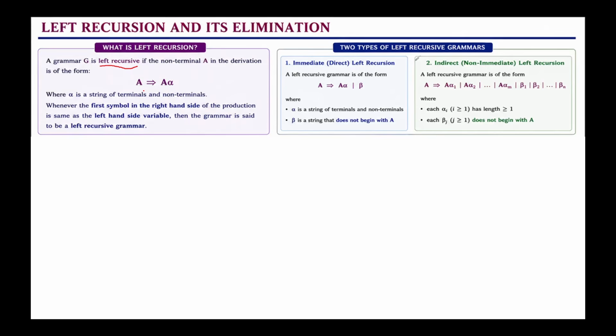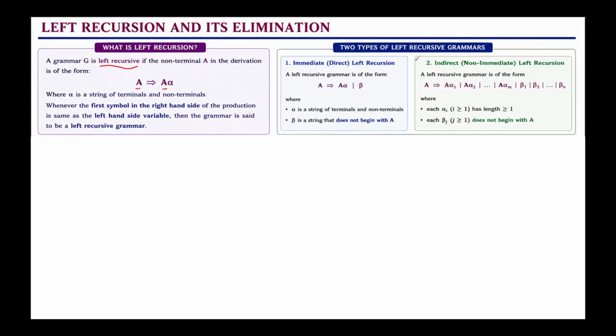Alpha is a string of terminals, or it can be a set of non-terminal symbols. So we say the grammar is left recursive whenever the first symbol on the right hand side of the production is the same as the left hand side variable. Then we call that grammar a left recursive grammar.